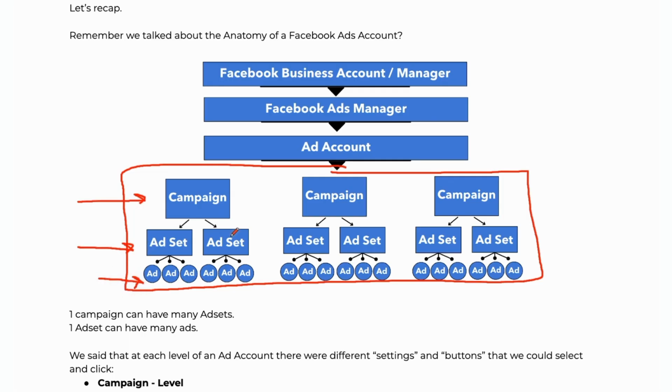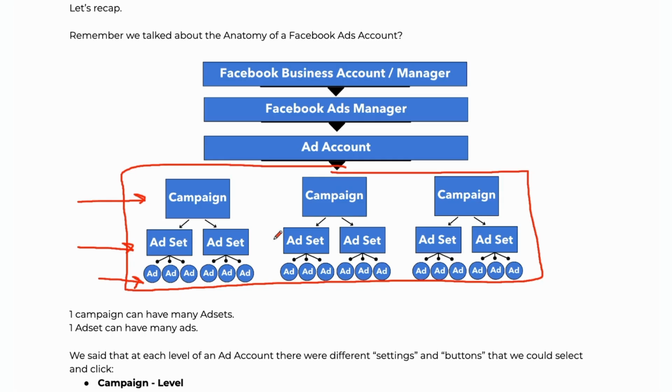So within one campaign you can have many ad sets, and within one ad set, you can have many ads. Now, I know this diagram shows 2 ad sets per campaign, but that is not actually the case because obviously we couldn't draw an unlimited number of ad sets. So that's just an example. But you can have 3, 4, 5, 6, 10, 50, 100 different ad sets within a campaign.